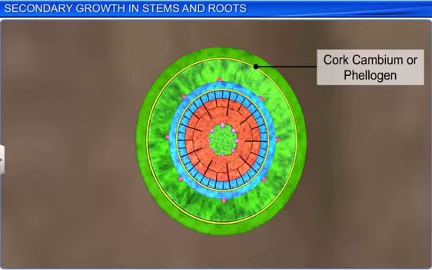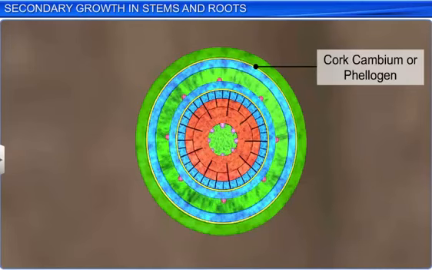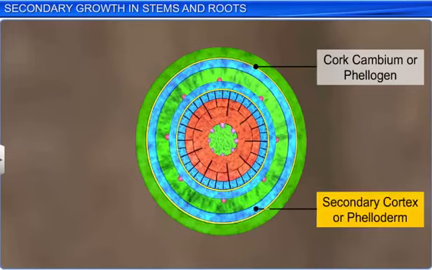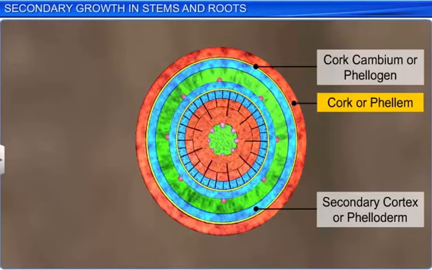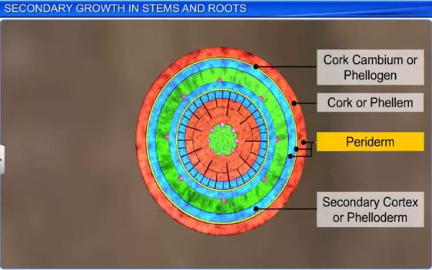As a result, the cells of the inner surface differentiate into the secondary cortex or phelloderm, while the cells of the outer surface differentiate into cork or phellem. Tissue resulting from secondary growth in the cortex, namely cork, phellogen, and phelloderm, are collectively called periderm.